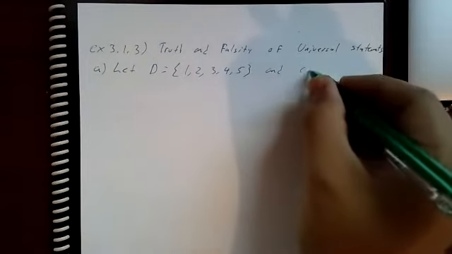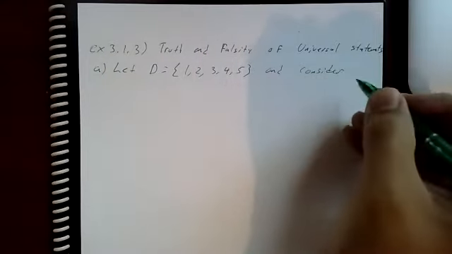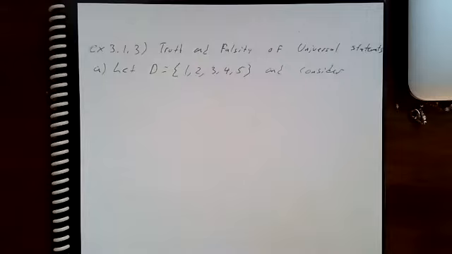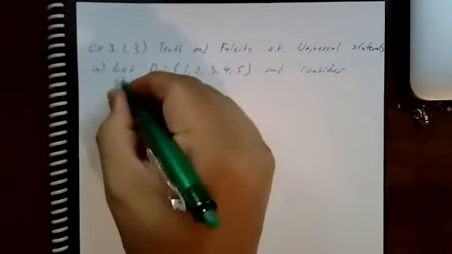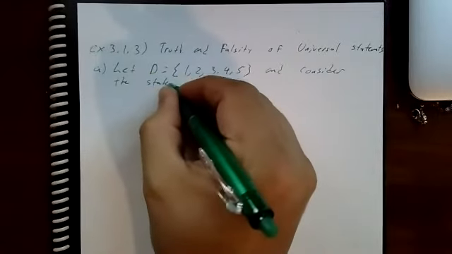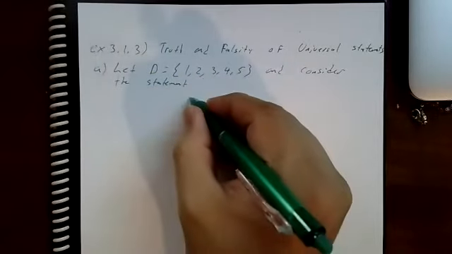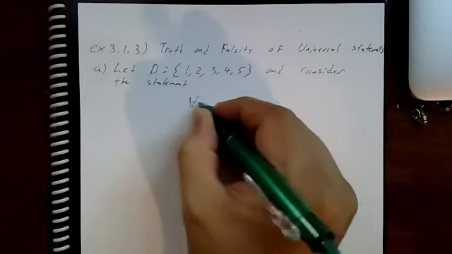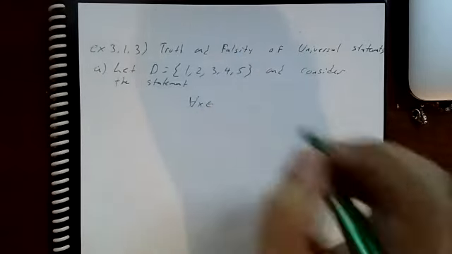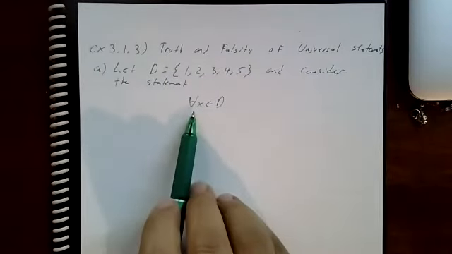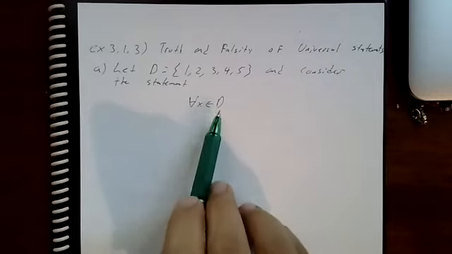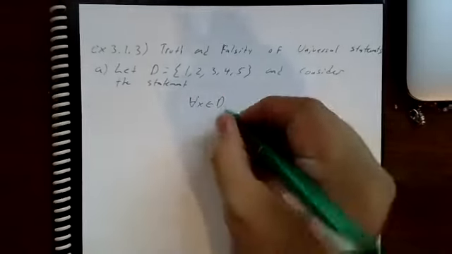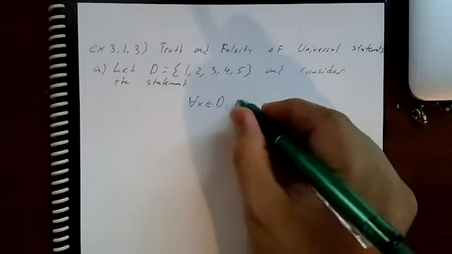And consider the statement: for all x in the domain D. Remember that symbol is epsilon. For all x in D means for all the x's in the domain D, this statement is true.